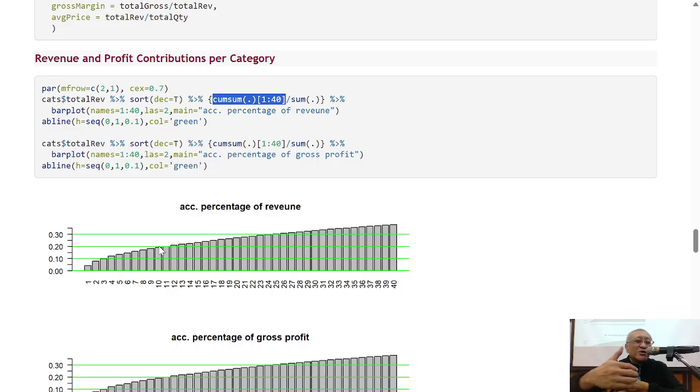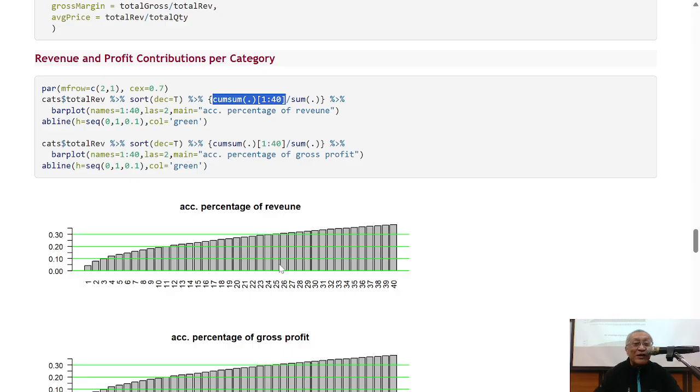So the trick to analyzing products or product categories is that a supermarket will usually sell tens of thousands of products, and they will belong to thousands of categories. But you don't need to analyze all of them, right? You only analyze the most selling categories, or you only analyze the products that are generating most of your revenue, right?